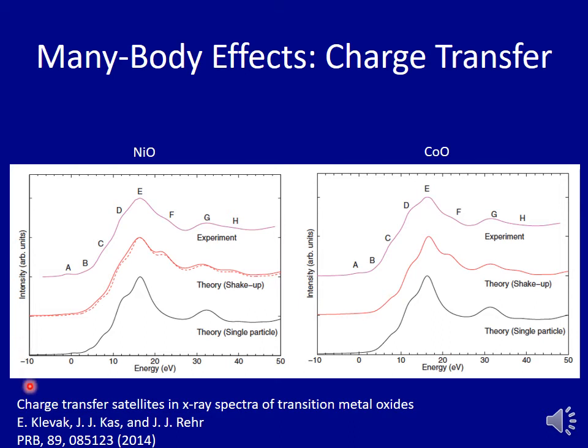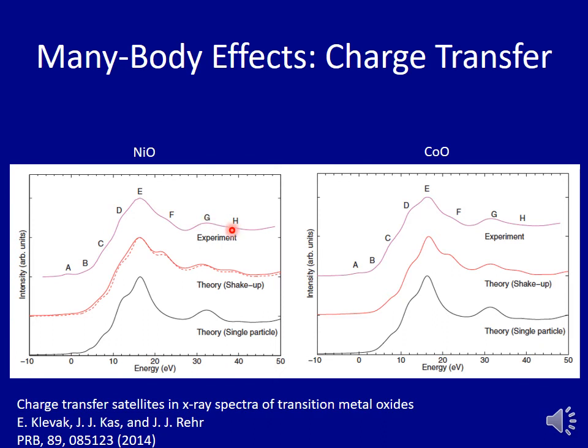So here you can see the effect. You take the single particle theory and you look, and it doesn't have peaks F and H, for example. And if you add the many-body effects, then those peaks show up. And if you notice, those peaks seem to be basically a duplicate of peaks E and G, shifted by a particular energy.